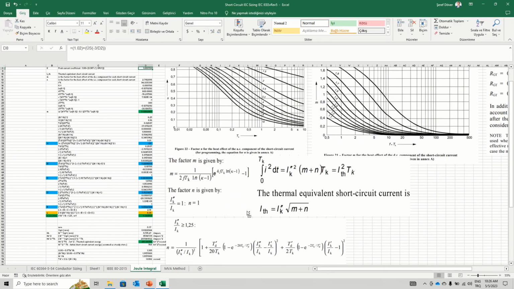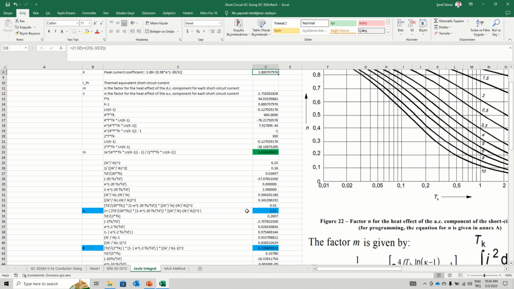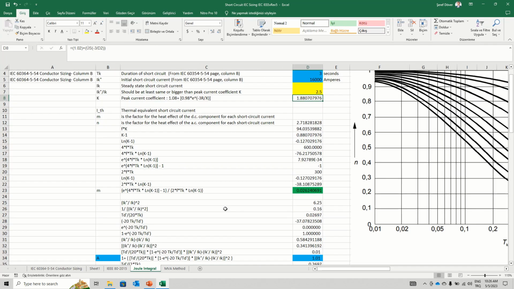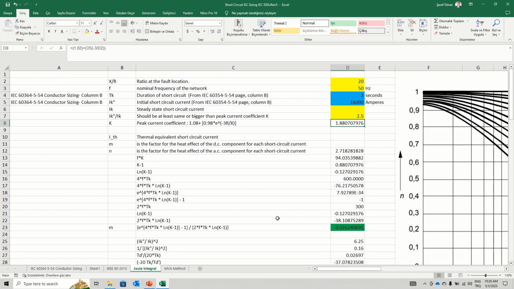These come directly from international standard calculations, but I will tell you a very simple thing. Firstly, in row number 2, you will see the X over R ratio at fault location. Let's start with 20 for the first calculation. We are working in a 50 Hertz network, and initial short circuit current divided by steady state short circuit current.